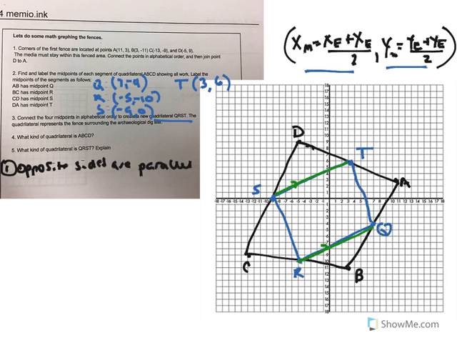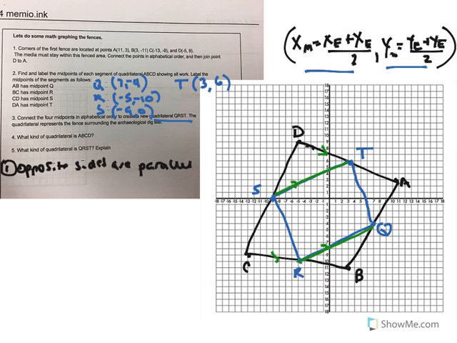Oh, first we need to determine whether ABCD is a parallelogram. Okay, so let's do that part first. So opposite sides are parallel. Let's look at ABCD. Let's try to prove that CD is parallel to AB. Or no, let's do DA parallel to CB, okay?